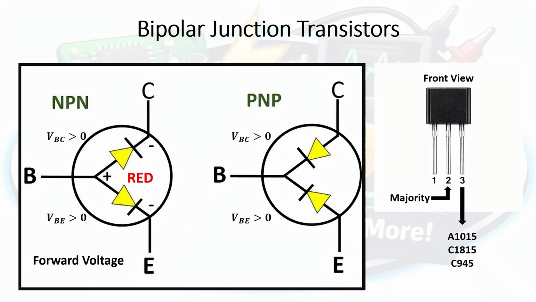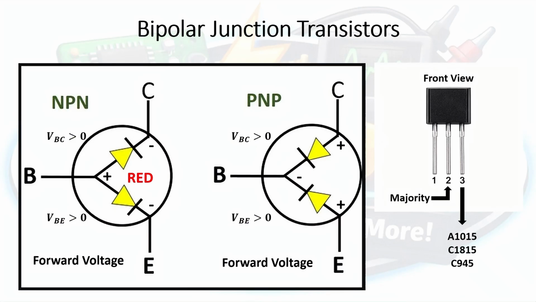Why? Because, same condition: I need a non-zero value for both base collector and base emitter voltage. If that is the case, you need to forward bias the two diodes you see here in the PNP transistor. Now, to get the forward voltage of both diodes, you need to have the negative terminal of your multimeter at the base and the positive terminal of your multimeter at both the collector and the emitter, one at a time, by the way.